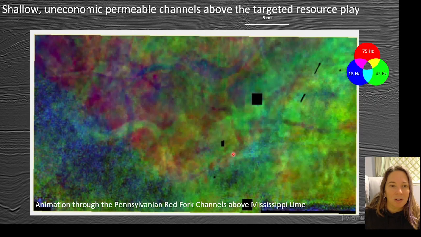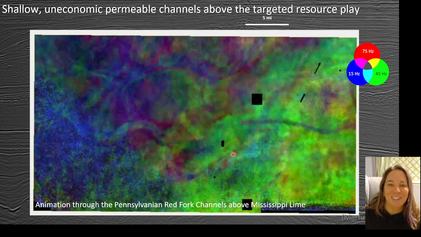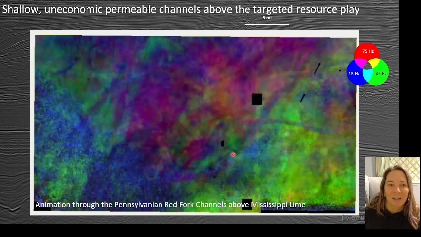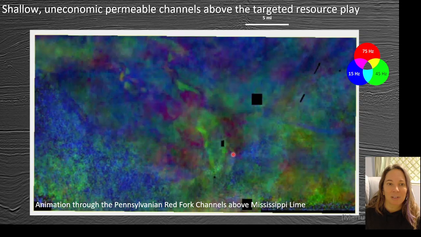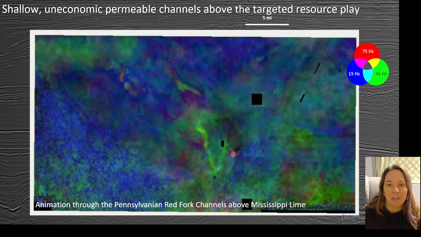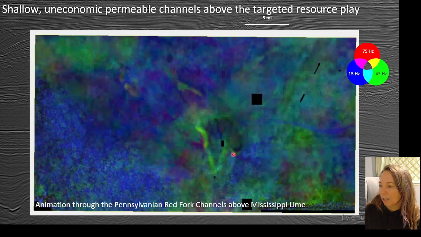Okay, we can also go through, so now we've kind of gone north to northwest Oklahoma, and we're trying to find channels that may interfere with drilling hazards. And so in this case, we've co-rendered spectral components at 15, 45, and 75 hertz to try to see if we can image any of these channel features that would be drilling hazards in the kind of Red Fork area.